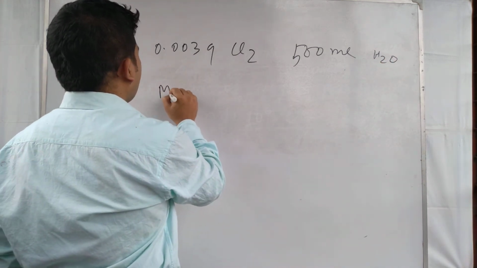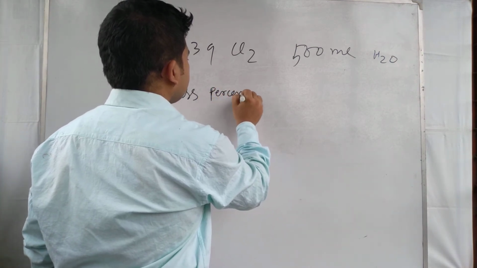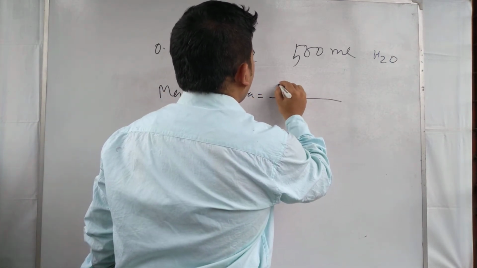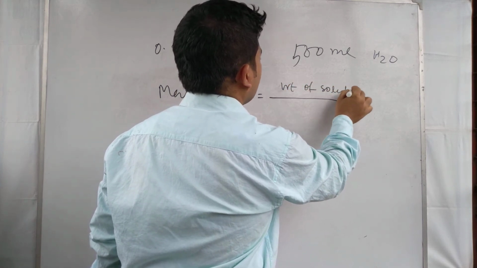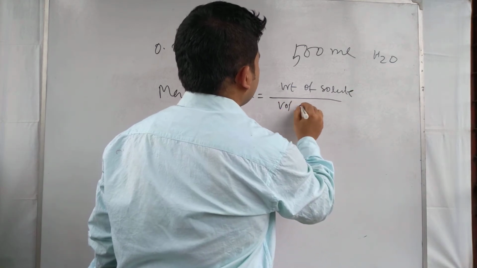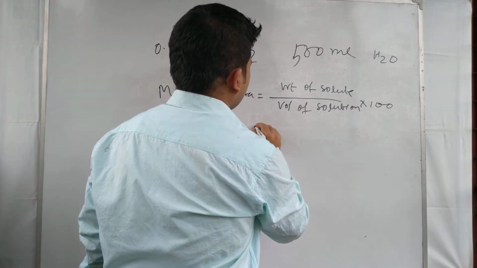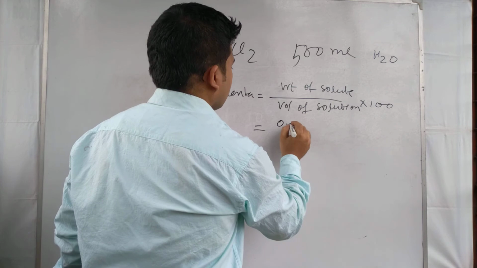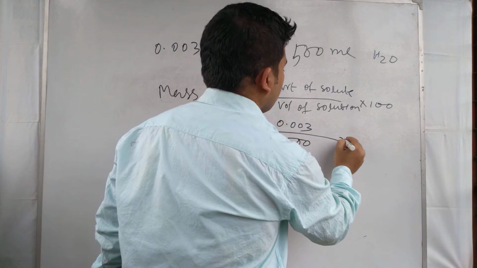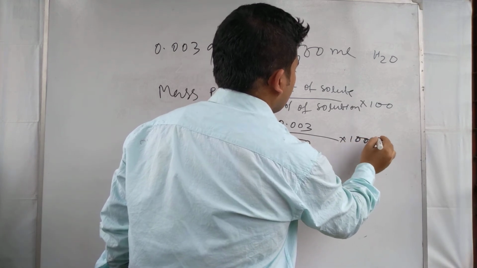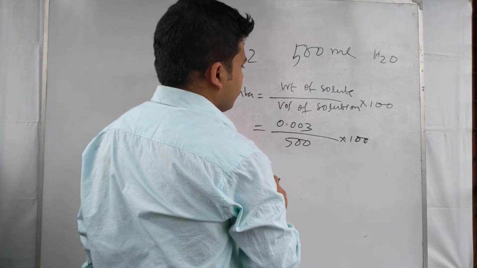In this case, mass percentage equals weight of solute by weight of solution into 100. So 0.003 by the weight of solution, that is 500 gram, into 100.